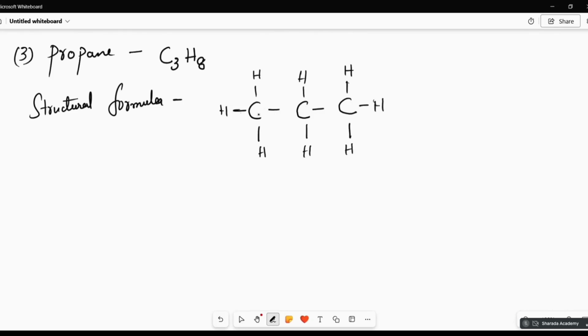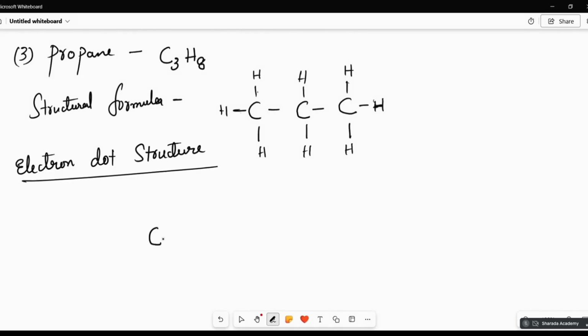How many carbon are there? 3. How many hydrogen are there? 8. Okay, understood. Write 3 carbon and 4 bonds for each, and wherever bonds are open, write hydrogen. Now write the structural formula for this, everyone.